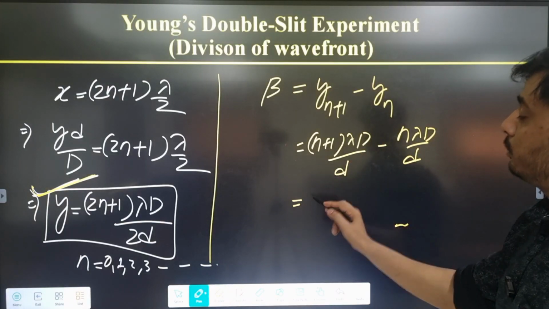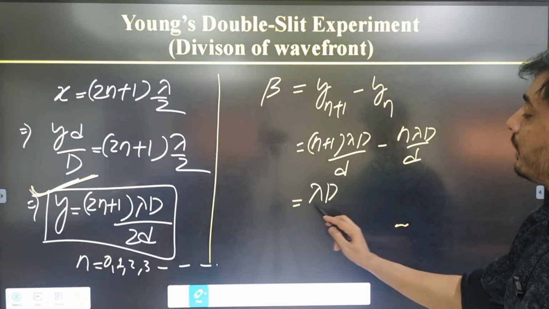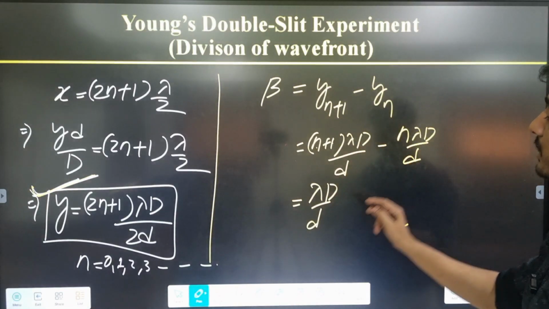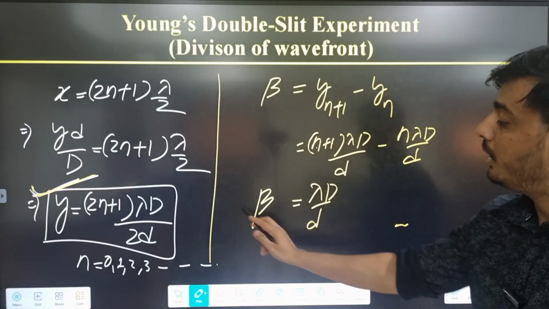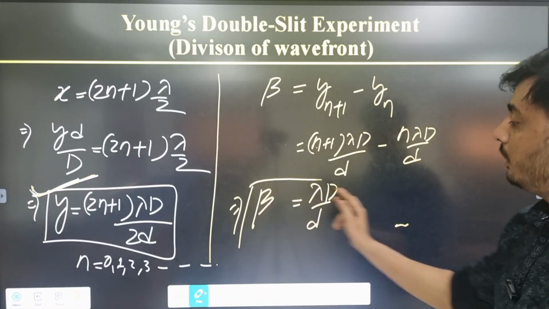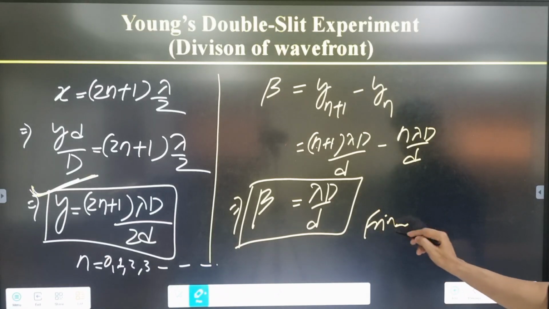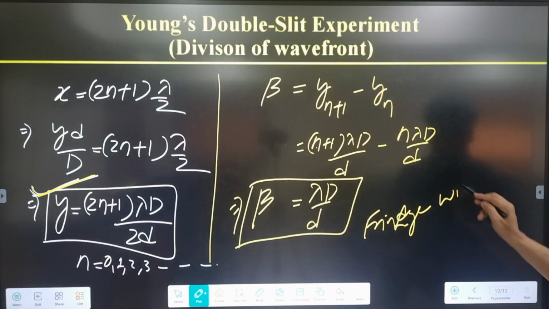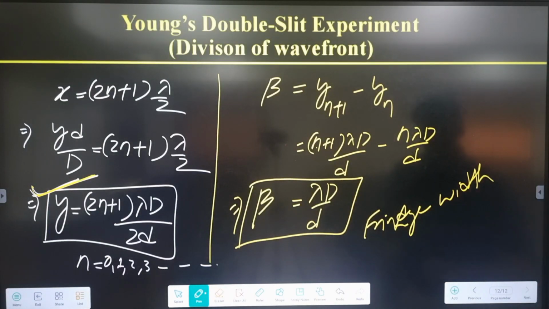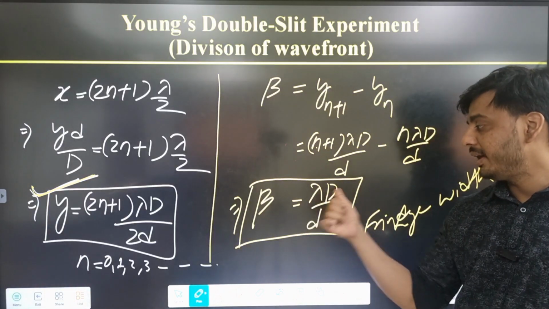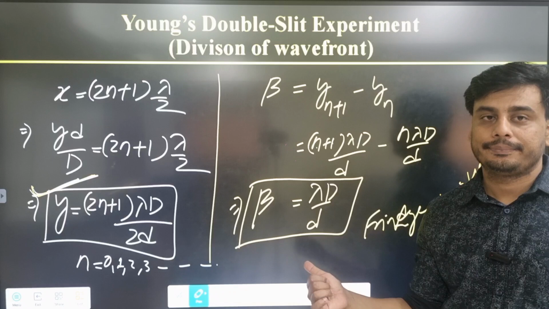From both terms we can take common lambda capital D by small d, and in bracket we will have n plus 1 minus n, so this is 1. So we get the expression for fringe width as lambda capital D by small d.